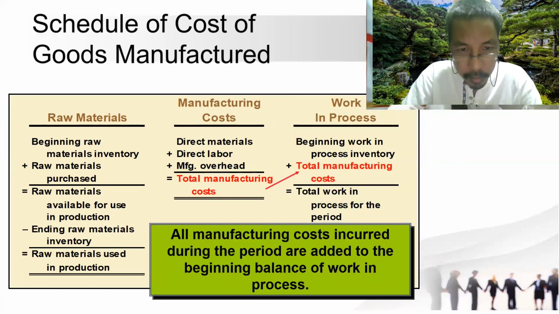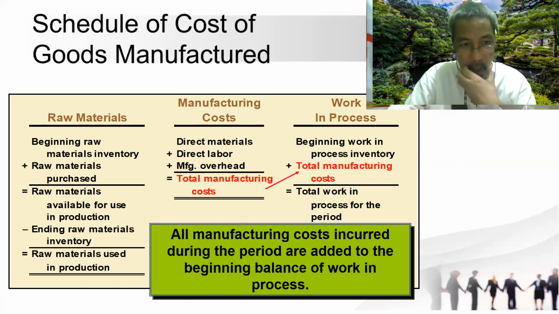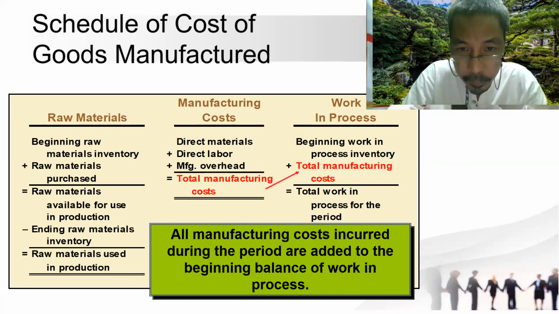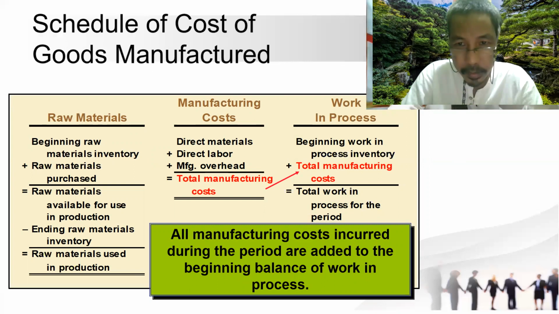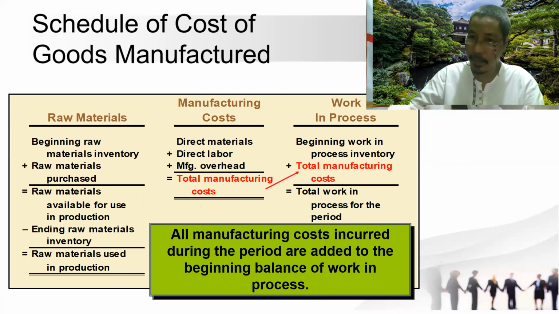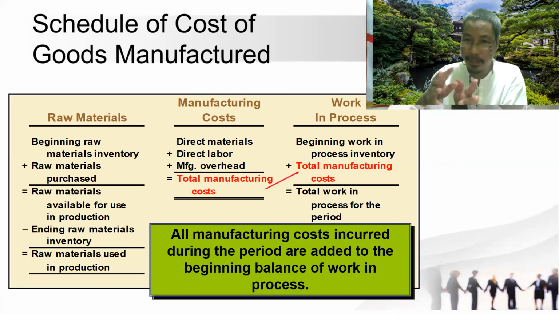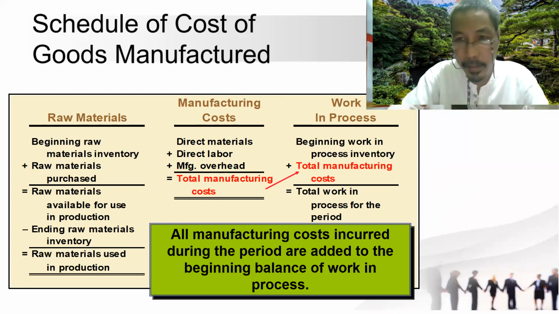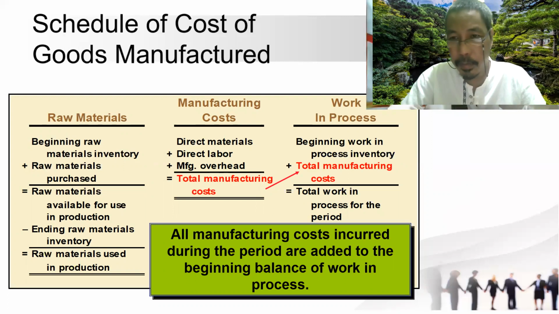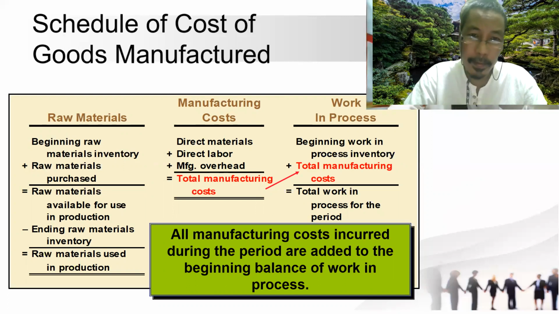Okay, let us look at the next one. Work in process. Work in process, those are the current materials that are not yet finished, but are gaining raw materials, and some percentage of which are already forming into the finished product.